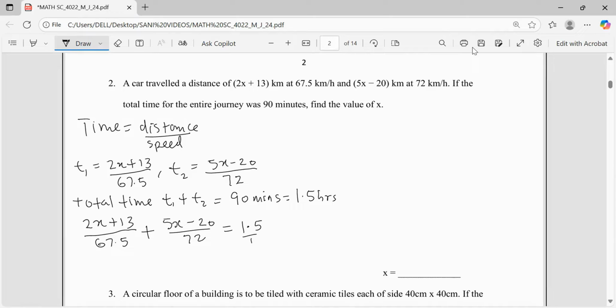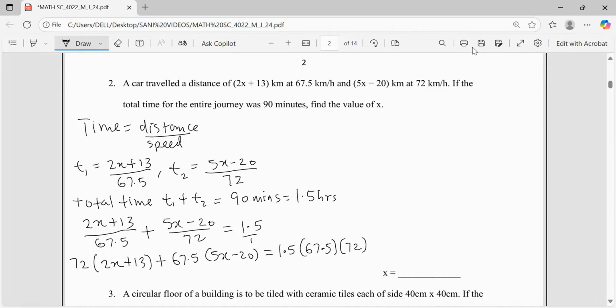So the LCM, lowest common multiple, of 67.5 and 72 is 67.5 times 72. So we multiply all through by 67.5 and 72. So this gives us 72 bracket 2x plus 13 plus 67.5 bracket 5x minus 20 equals 1.5 times 67.5 times 72.